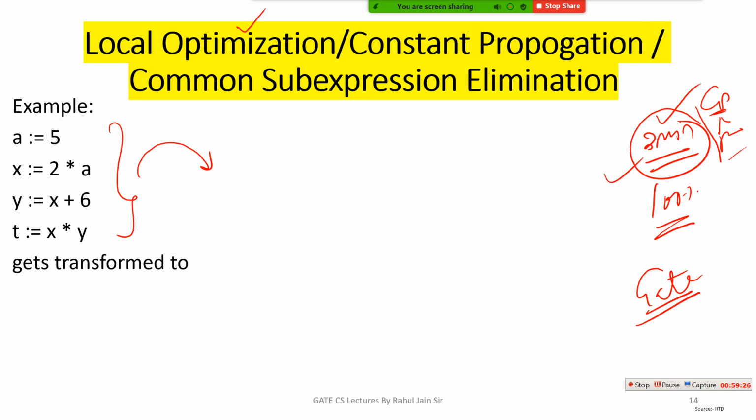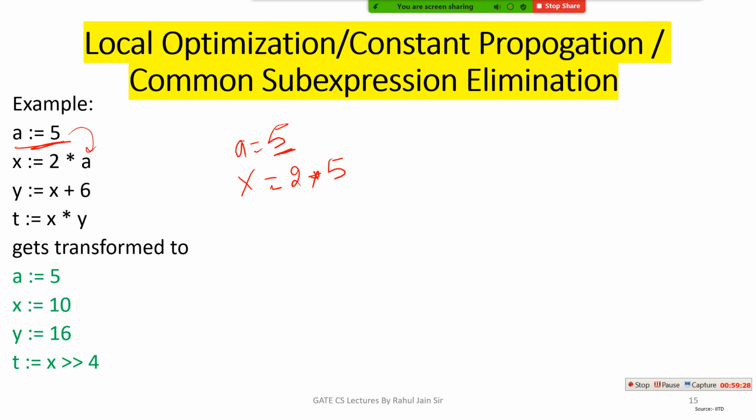So just focus here. x equals to 5, 2 into 5, so you can directly write x equals to 10. After that we have y equals to x plus 6, but we don't have the value of x now, so in the next step we will do that. And t equals to x into y we have, so we are just writing x into y as of now.